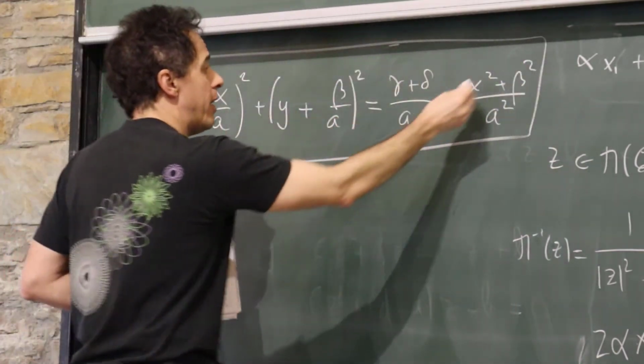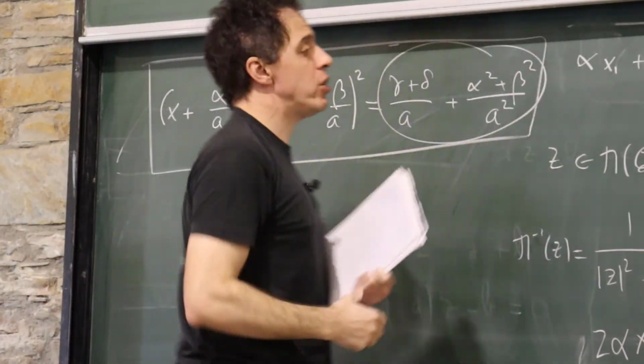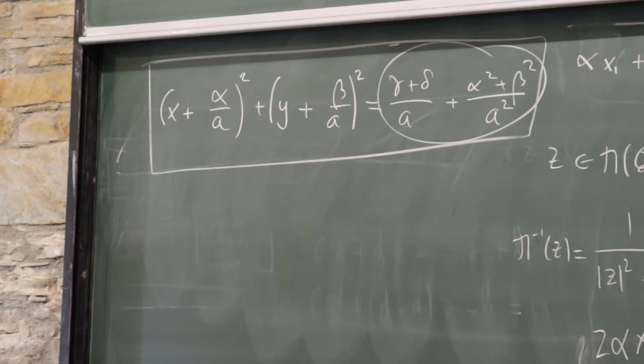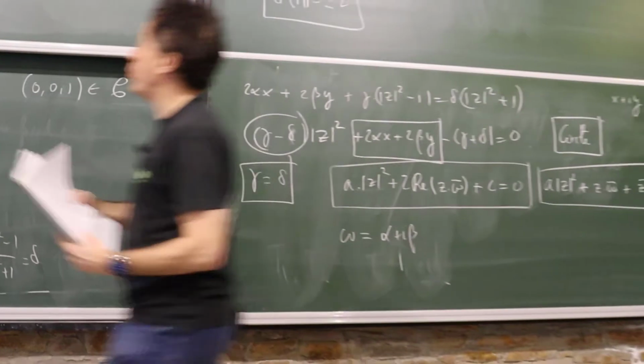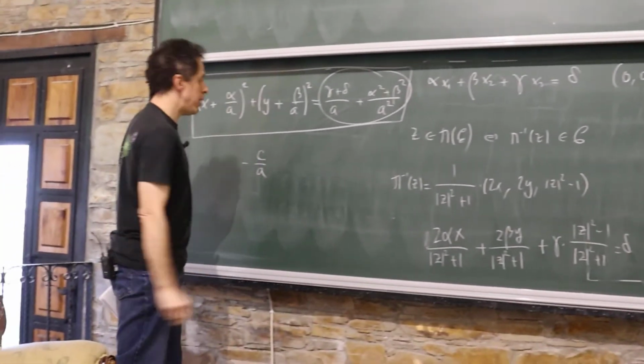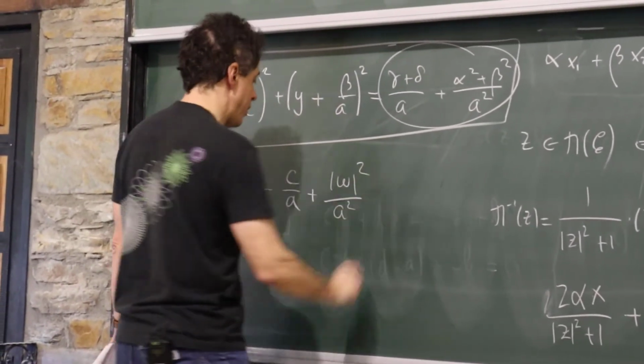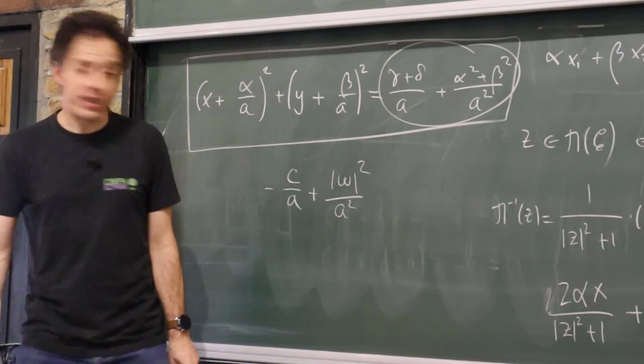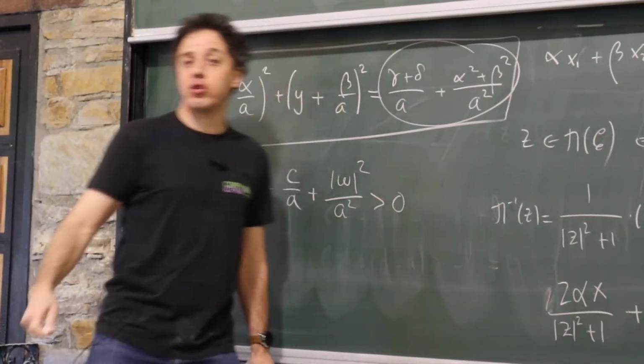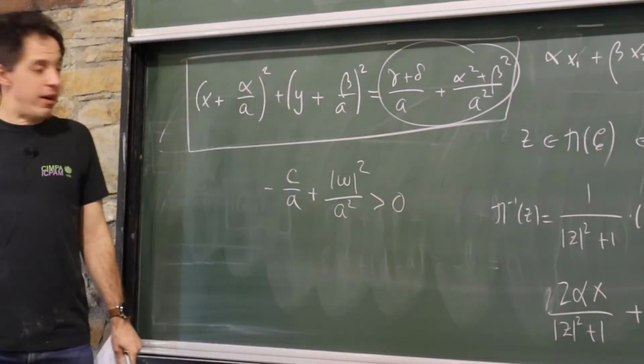And this expression here, with the new notation, we have gamma plus delta is minus C. So we have here minus C divided by A plus, this is omega square divided by A square. This must be greater than 0. If it's not greater than 0, we don't have anything here.